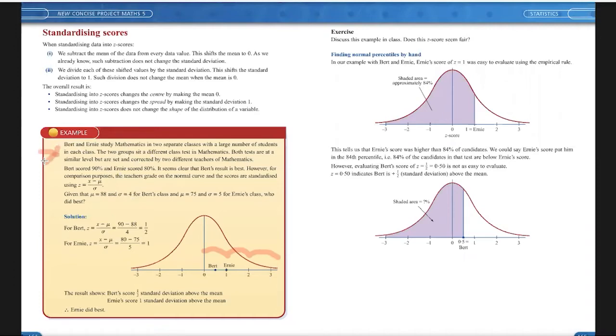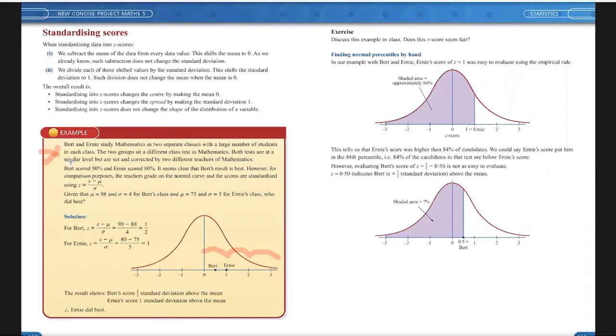The 2 groups sit a different class test in maths. Both the tests are at a similar level, but are set and corrected by 2 different teachers of maths. Bert scored 90 and Ernie scored 80. When you look at that, first off, you think, oh, Bert's result is better. But is it?